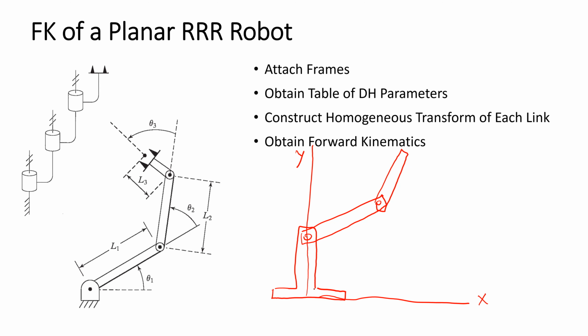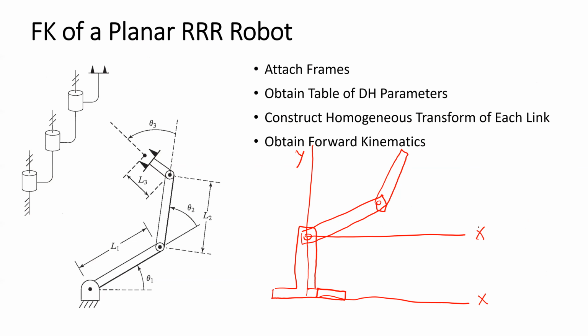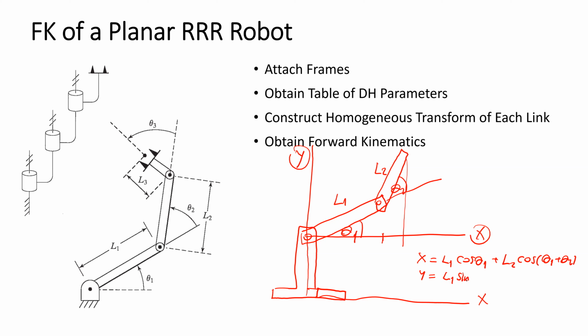But many times you may set X here and Y here in order that you can derive X equal to L1 cosine theta 1 plus L2 cosine theta 1 plus theta 2 and Y equal to L1 sine theta 1 plus L2 sine theta 1 plus theta 2.